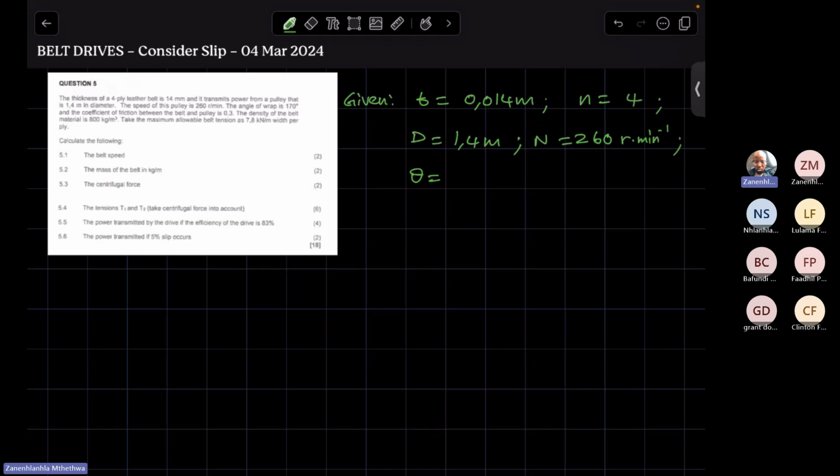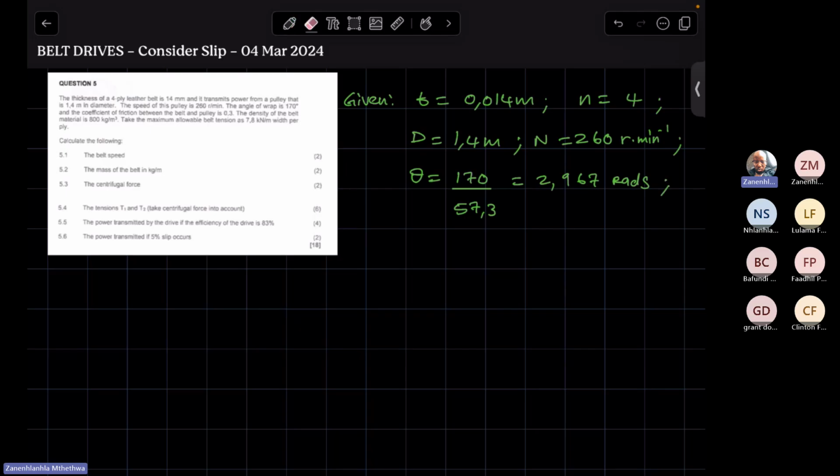So instead of degrees, we must have it in radians. Converting from degrees to radians, you simply divide by 57.3. So 170 divided by 57.3 is 2.967. Now this is in radians.